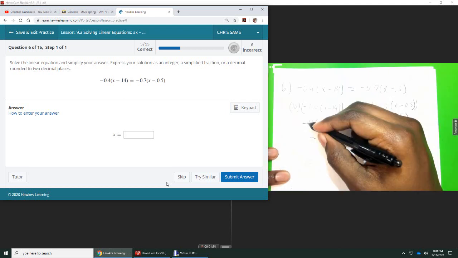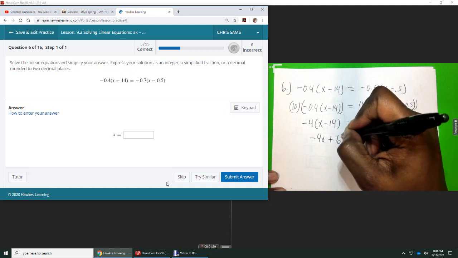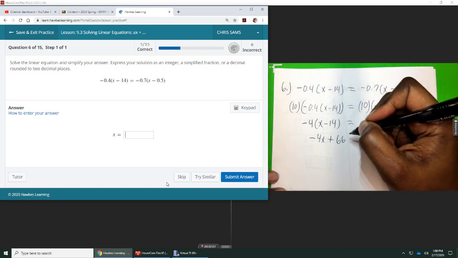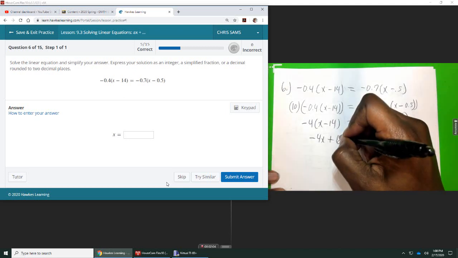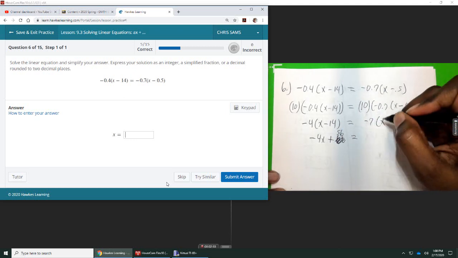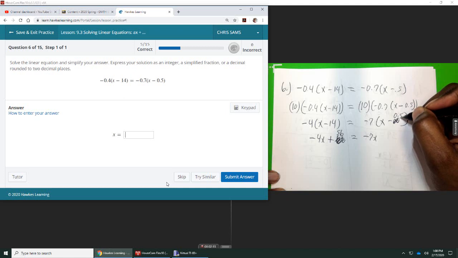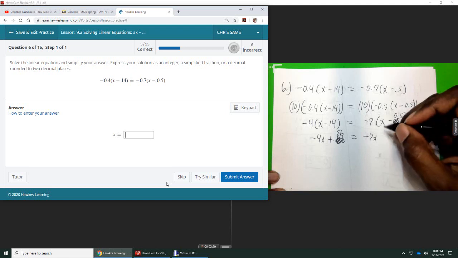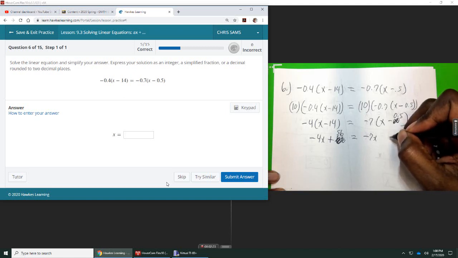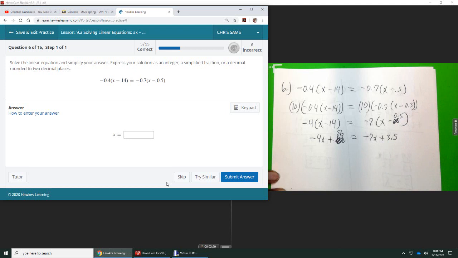It's going to be a positive because a negative times a negative is a positive. 56 equals negative 7x, and then this will give us positive 3.5.